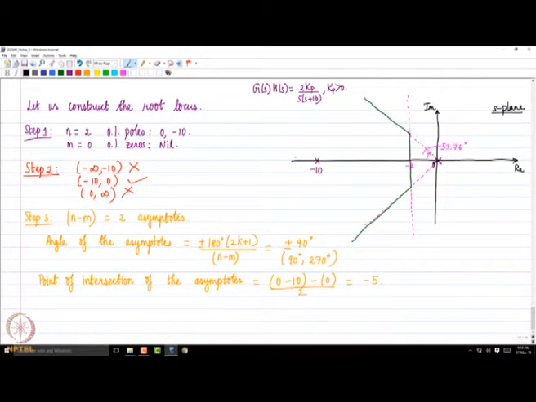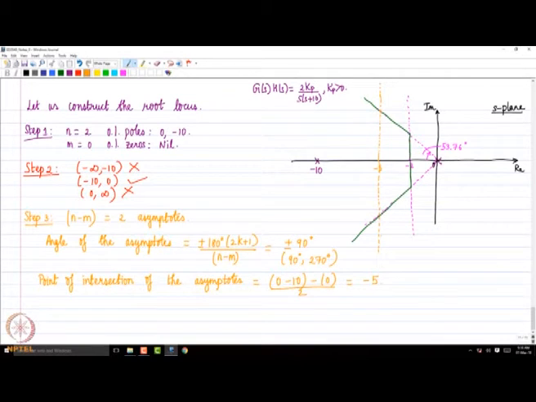Go and mark these things. Let us say minus 5 is somewhere here. What is going to happen is that there are going to be two asymptotes. One is going to just go at plus 90 all the way up, and one is going to go at 270 degrees or minus 90.